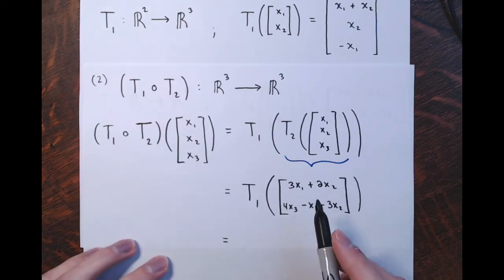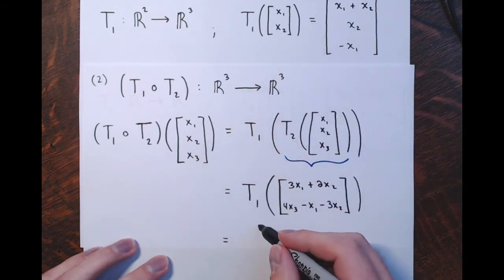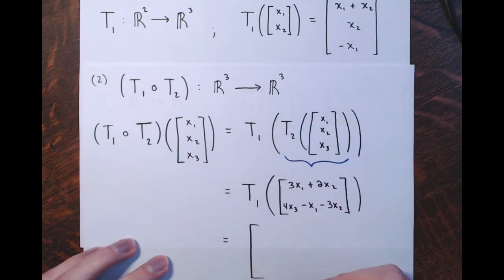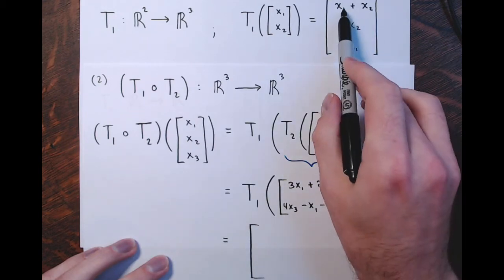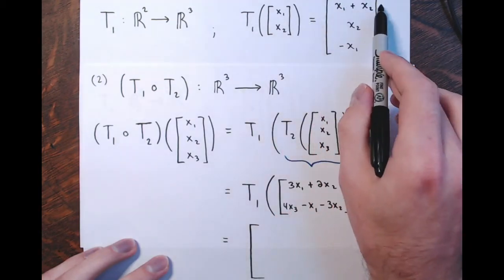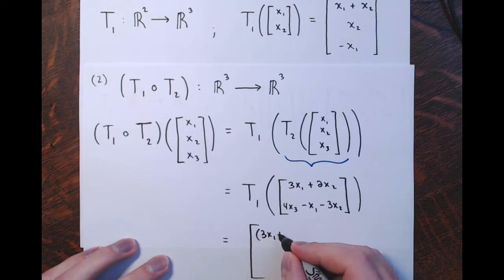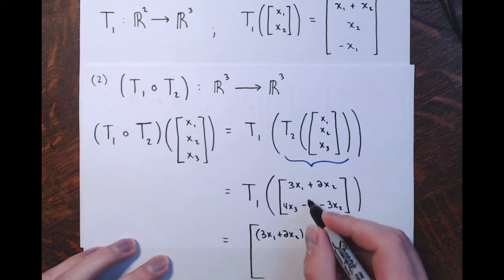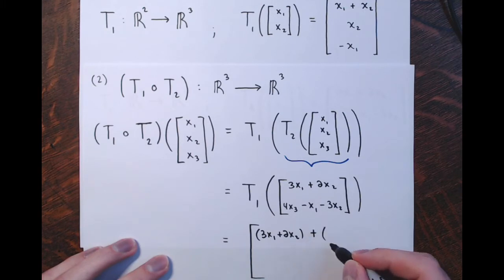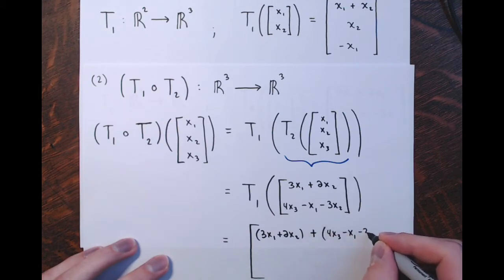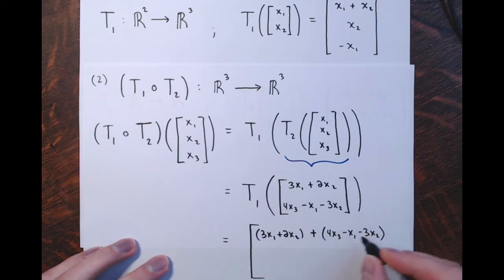Then my output from T1 is going to be a vector with 3 components, where the first is the sum of the 2 components, x1 plus x2. So we have 3x1 plus 2x2, the first component of my input, plus 4x3 minus x1 minus 3x2, the second component of my input, and they're added together to give me the first component of my output.